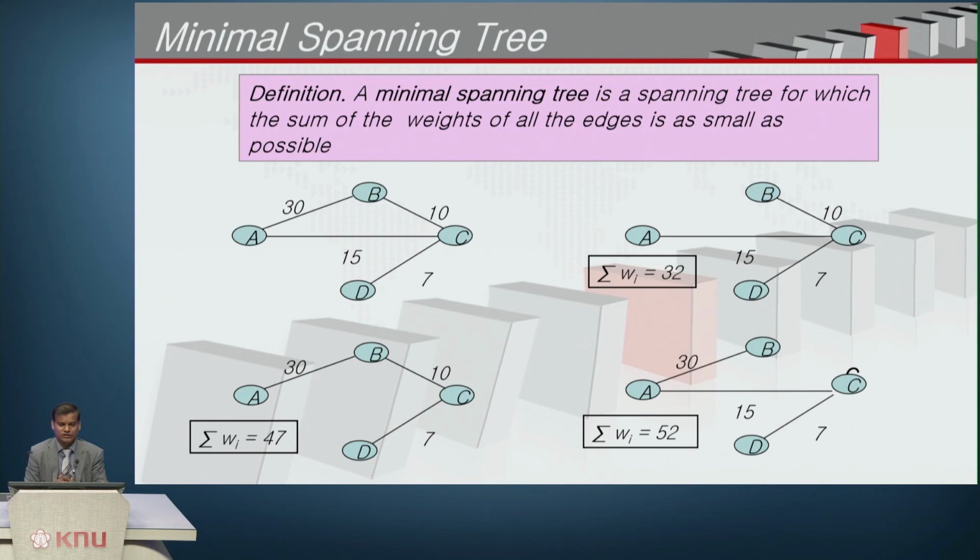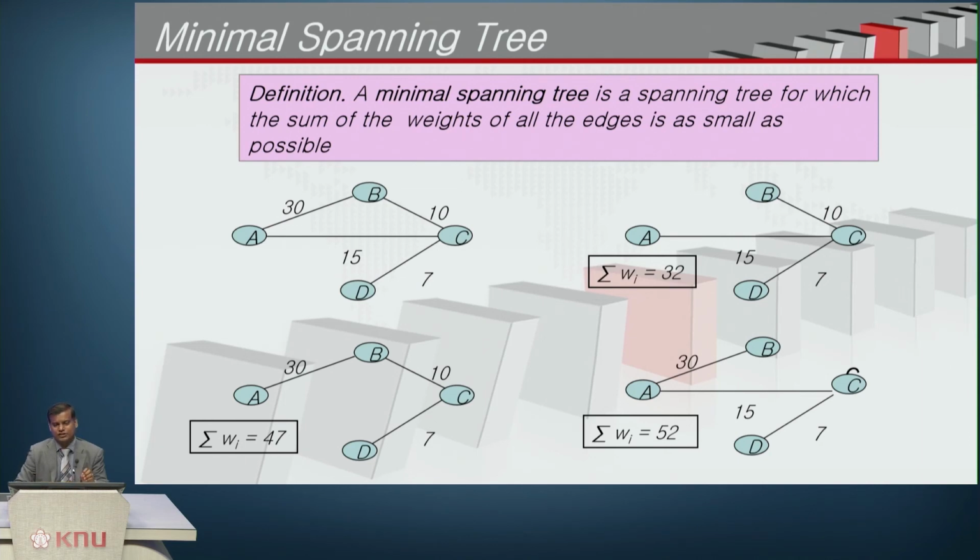And as you notice here, the way to connect these 4 vertices might vary, and eventually your weights also vary: 32, 47, 52, and so on.